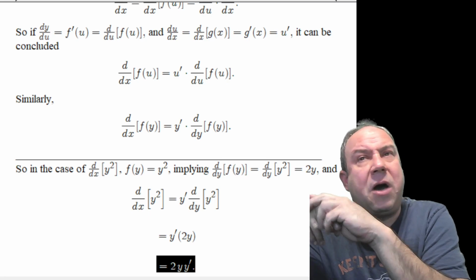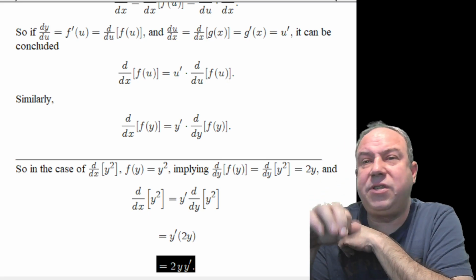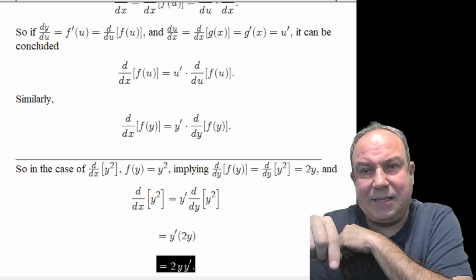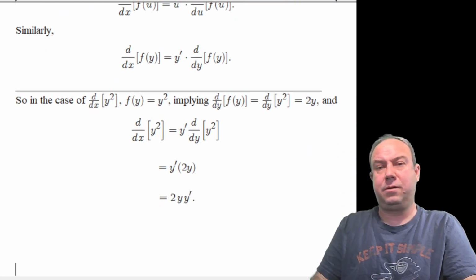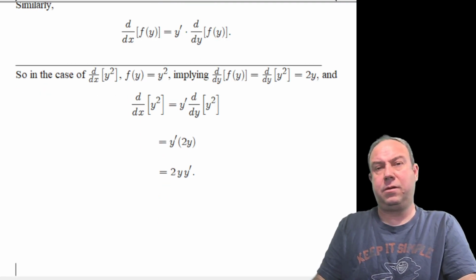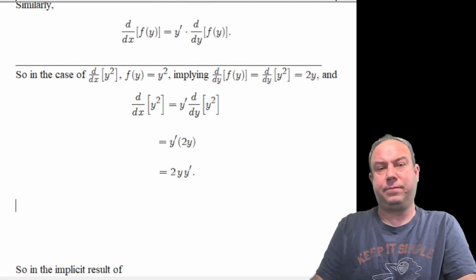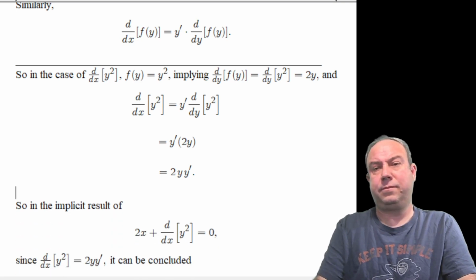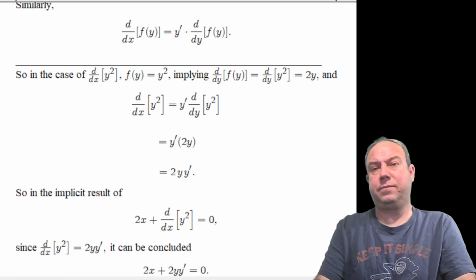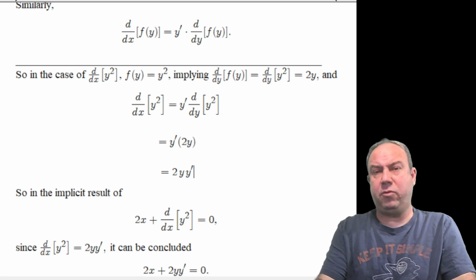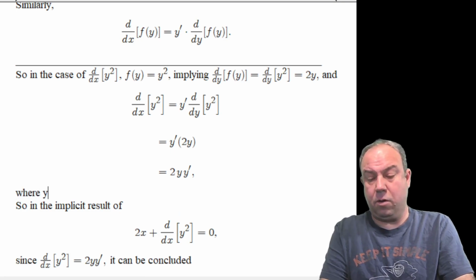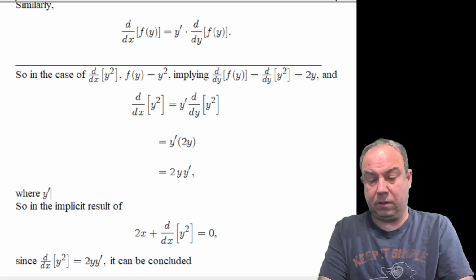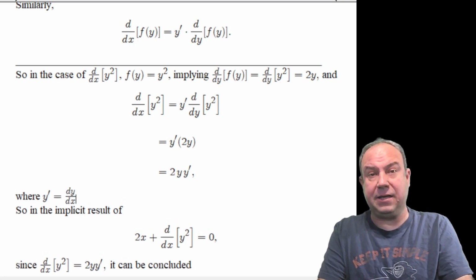Right? Where we think about y prime as representing dy dx. Maybe we should say that here, where y prime is equal to dy dx, right?